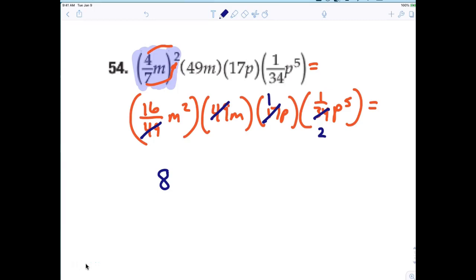If you got 8, we're in good shape. You're pretty good with fractions. Now we're going on to the variables. So I'd have m to the third and p to the sixth. If you got that right, then this is easy now. There's nothing you can't do.